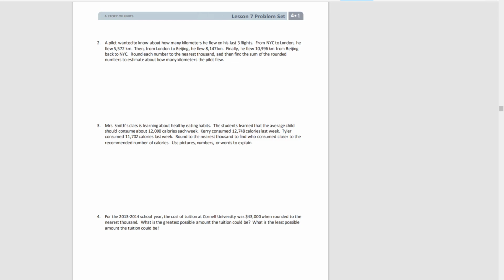And finally, he flew 10,996 kilometers from Beijing back to New York City. Round each number to the nearest thousand, and then find the sum of the rounded numbers to estimate how many kilometers a pilot flew. So let's do this together, and we'll put down the actual numbers he flew.